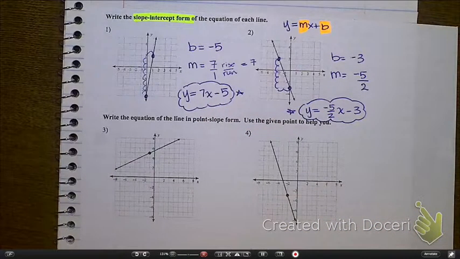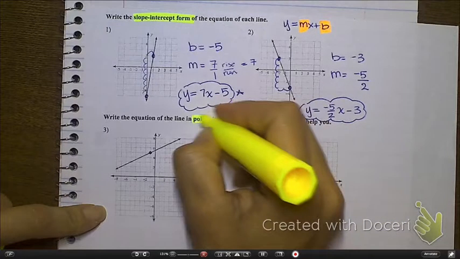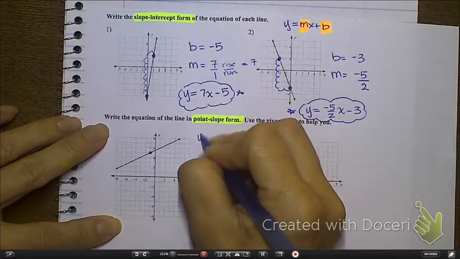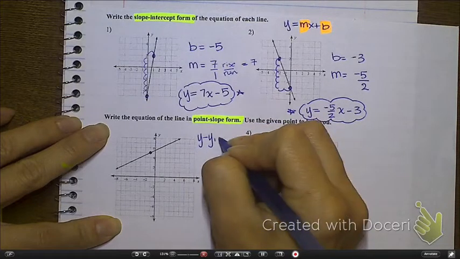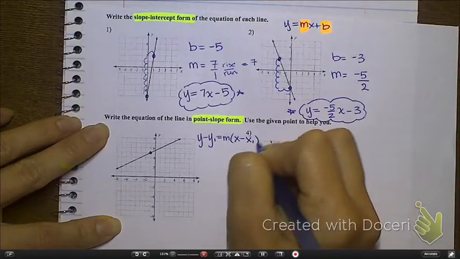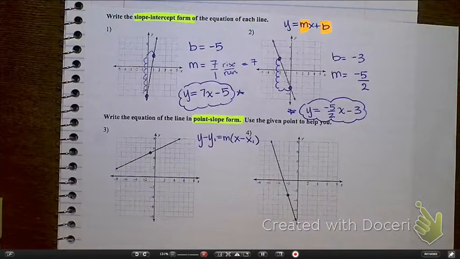Aries, do you remember it? y minus y1 equals m times x minus x1. Very good. So there's my generic form of point slope form, right? That's just like the equation without any numbers filled in.